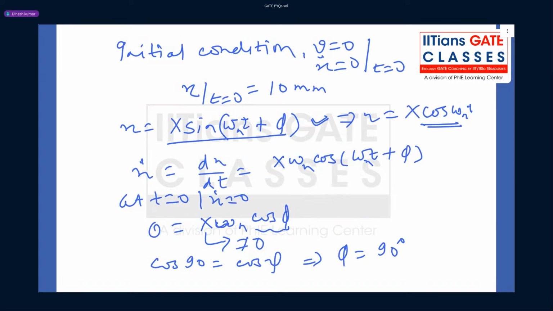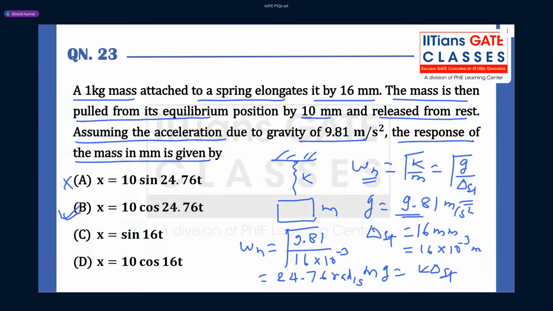Right, so that's why the answer is not A, it's B.